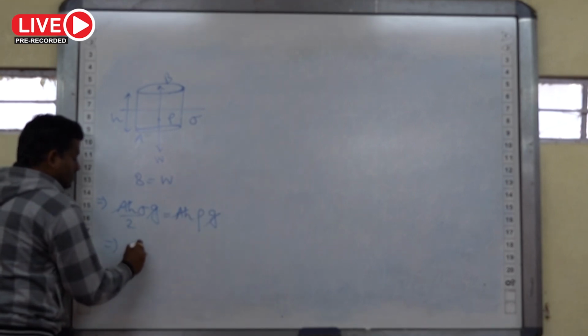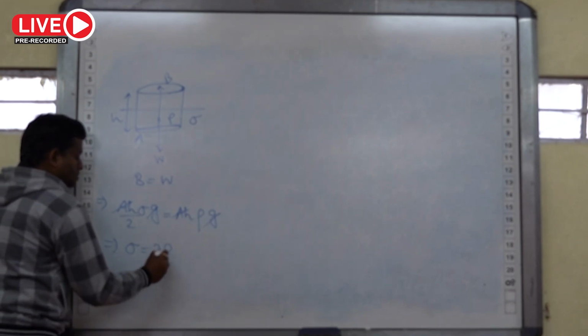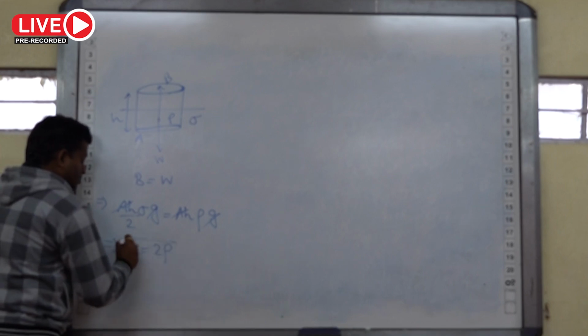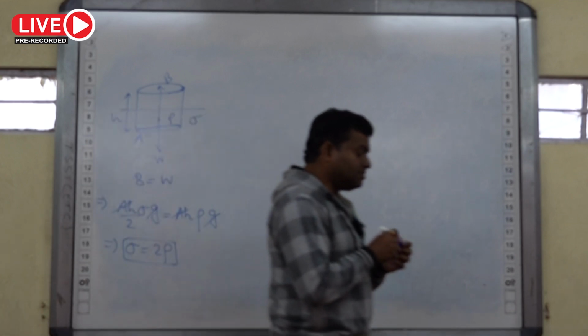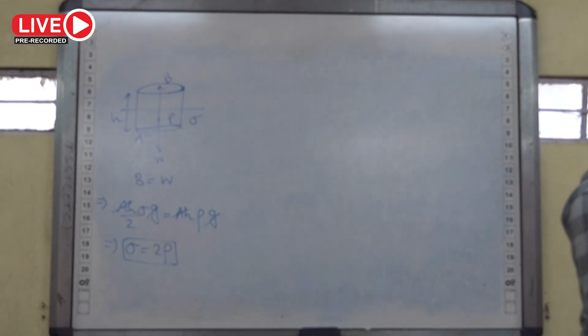So we got sigma equal to 2 rho. So this relation we have to use in the final step. This is the relation between the densities. Since it is floating in half immersed condition, from that you can find a relationship between density of the liquid and the density of the cork.